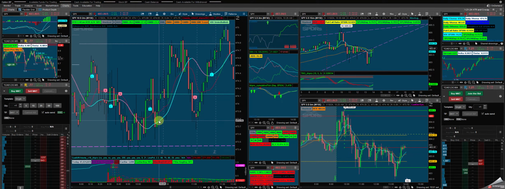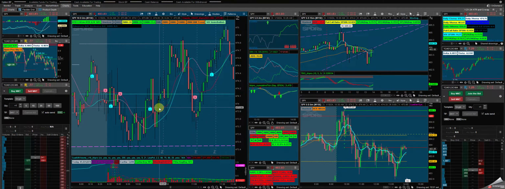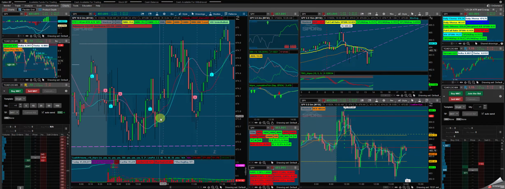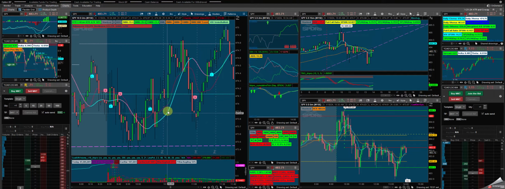So we wait for another opportunity, which came here at 10:24. Our 2-minute candle is above both lines. So we could hold and hold. We went long here. A close below the bottom line would have been our stop. We got down that far, but we didn't close down there.